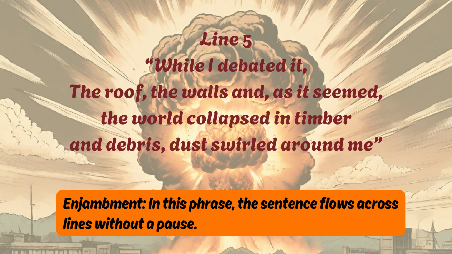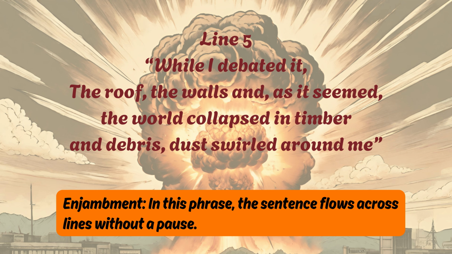Next, "while I debated it, the roof, the walls, and as it seemed, the world collapsed in timber and debris. Dust swirled around me." In this line, the phrase "while I debated it" is an example of enjambment. We know that enjambment means when a sentence or thought continues from one line to the next without a pause.